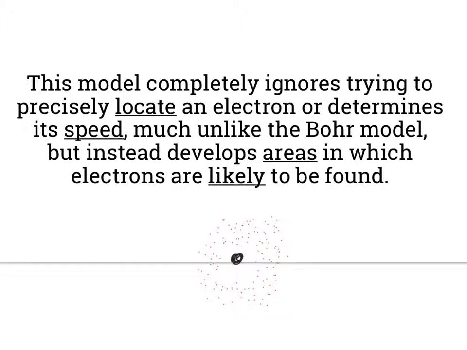One way I found someone describe it: imagine if every time the electron moved, it left a little red dot to track where it had been. And you let it move around, you would end up with this cloud of possible electron locations. And that's what Schrödinger ends up saying is how you can locate an electron. So yeah.